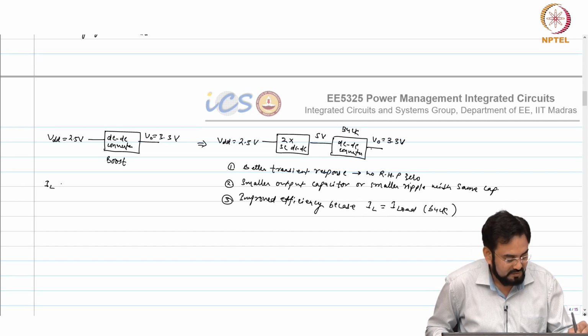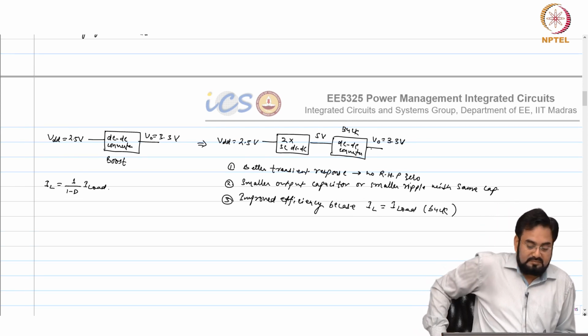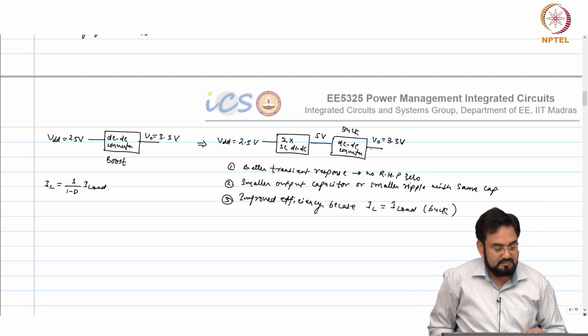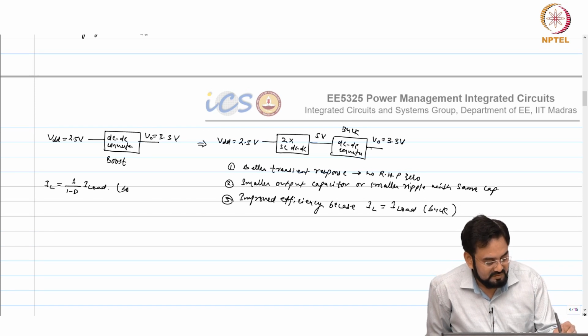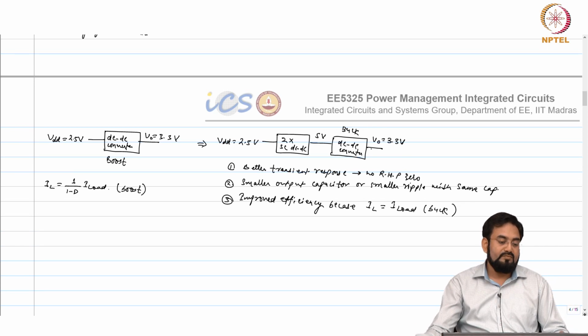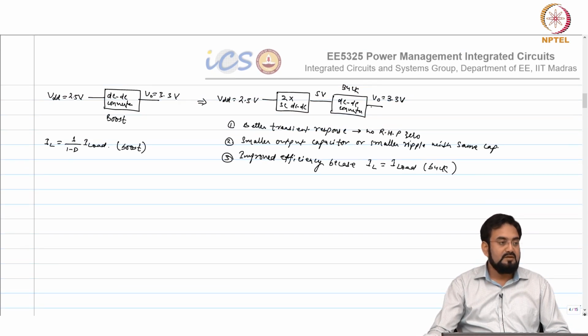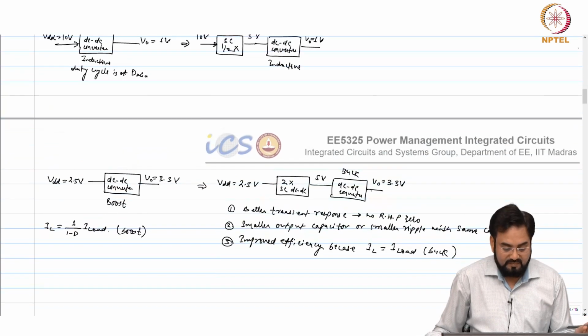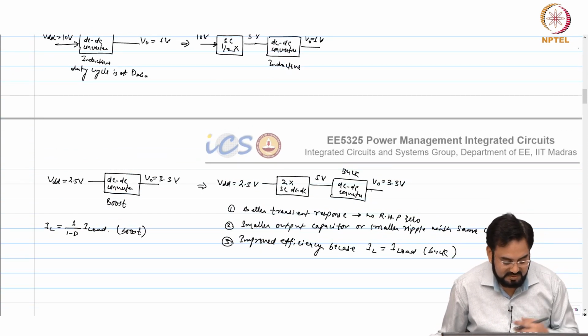Here IL equal to 1 over (1 minus D) times I load. This is the case of your boost. Okay. So based on the requirement you can choose.